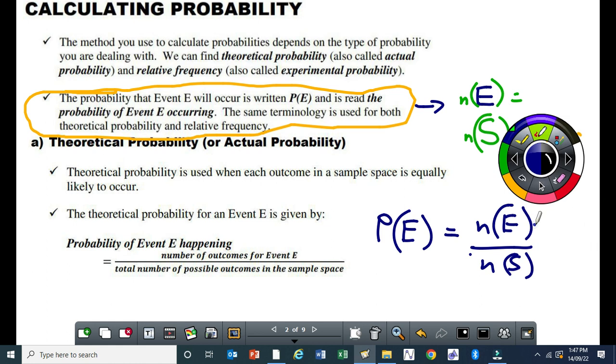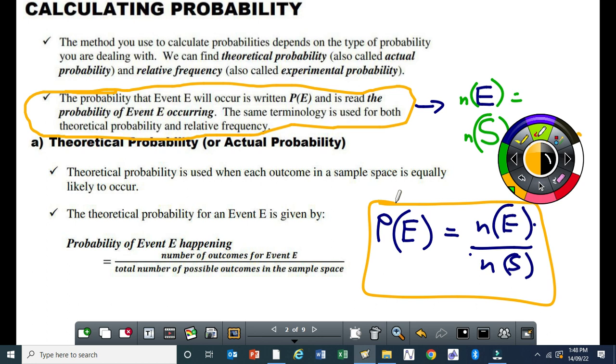So this is the general formula for calculating probabilities if you are using probability notation. If you hear me saying n(S), I'm referring to the total in the sample space. You need to get used to this notation, especially if you are in this class, because when you're writing a test, the examiner must be able to see what the learner is trying to write, because you know your stuff.